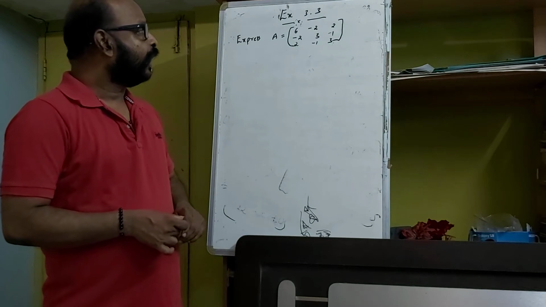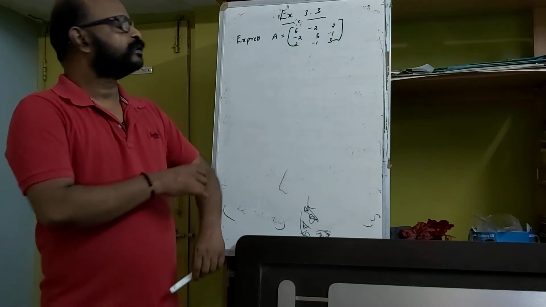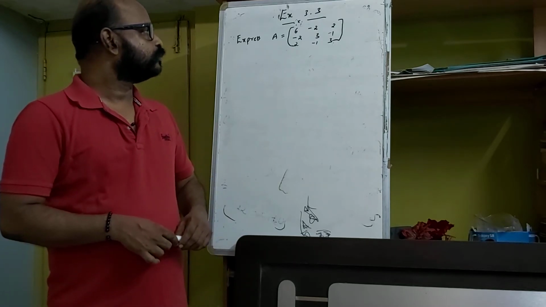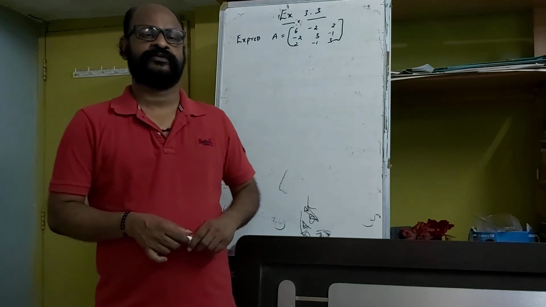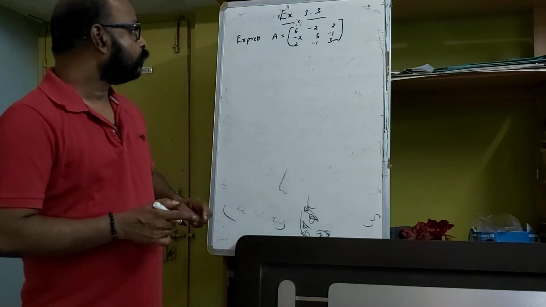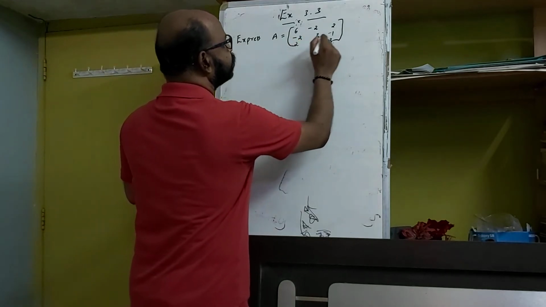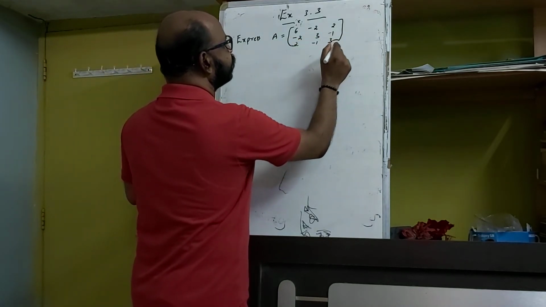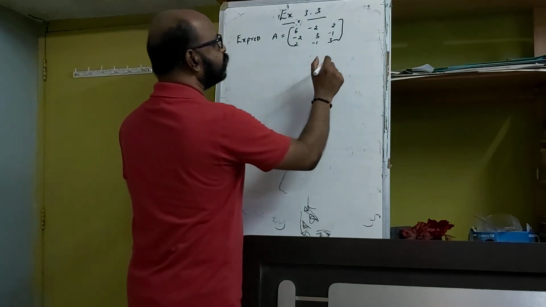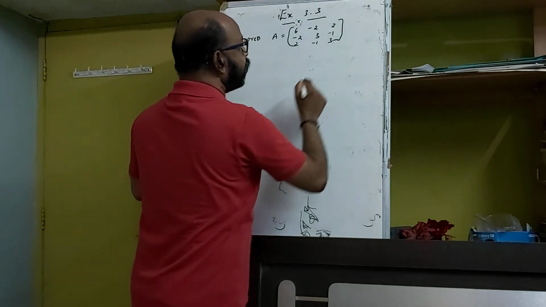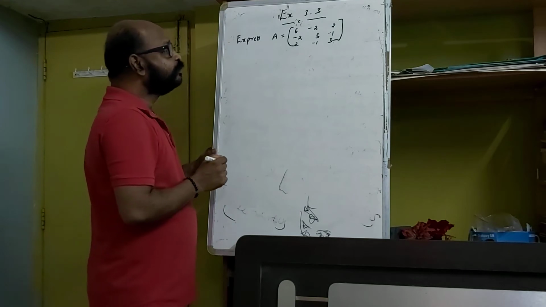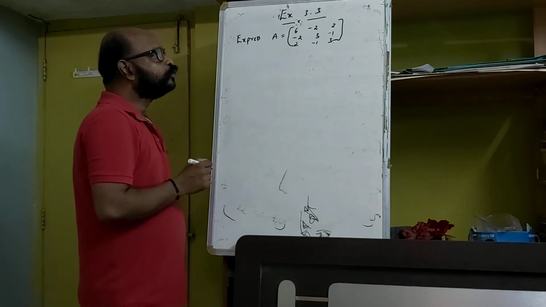Today we just do an example for the conversion. Express A equal to matrix 6 minus 2 2, minus 2 3 minus 1, 2 minus 1 3, as the sum of a symmetric and a skew symmetric matrix.